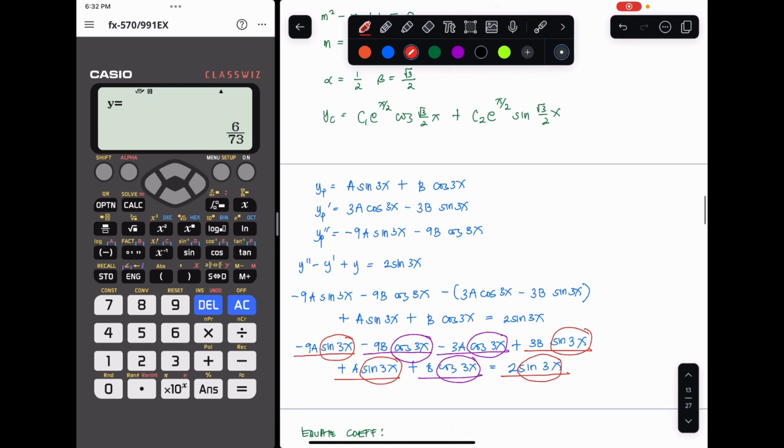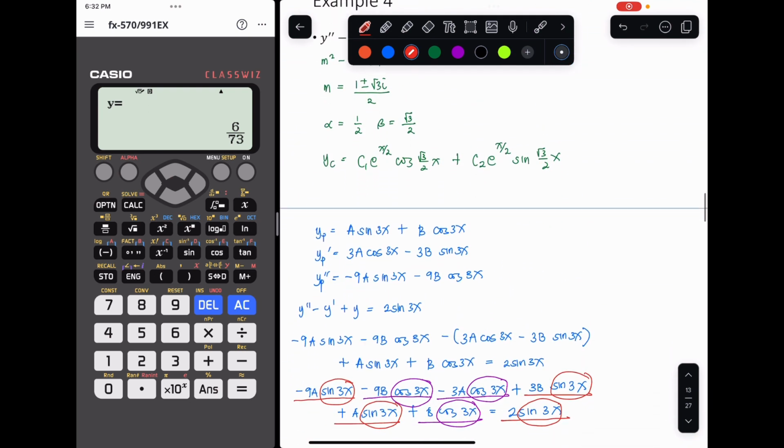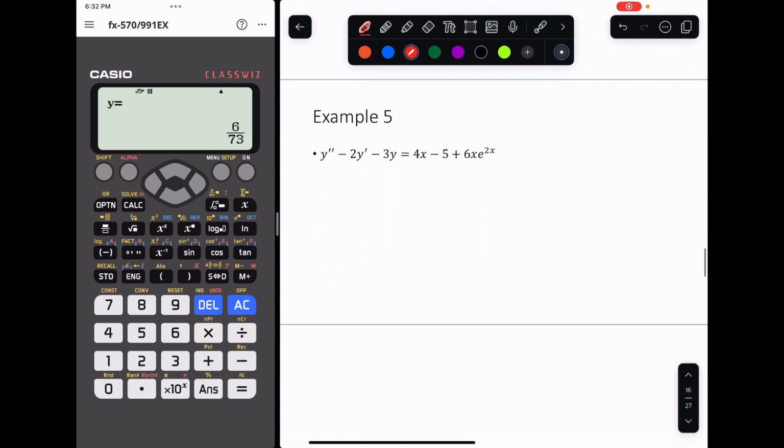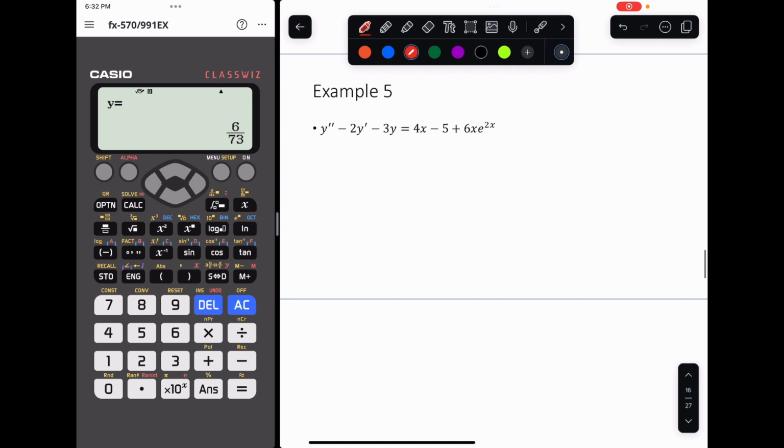And that is another case 1. So for example number 4, let's proceed with our last example. Using case 1, I guess this is another case 1.